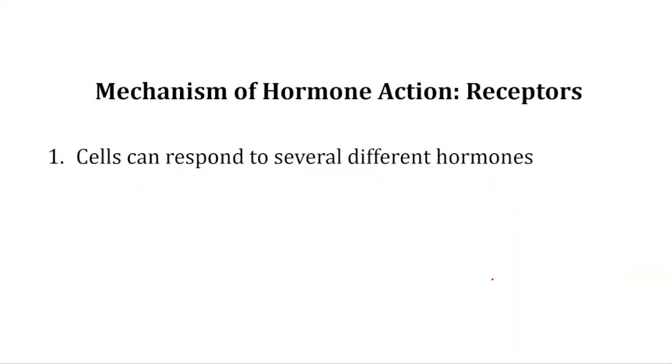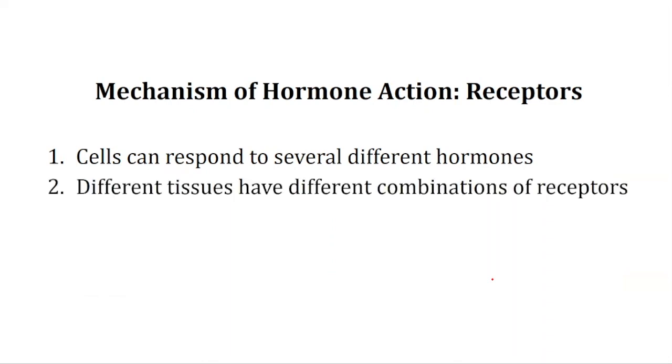Before we talk about the specific mechanisms, we have to understand that cells can respond to several different types of hormones. One cell does not only have one type of receptor, but it can carry a variety of receptors. So cells or tissues can respond to a variety of hormones.